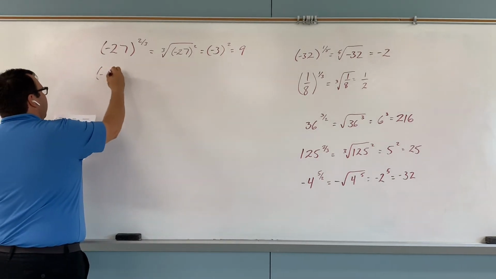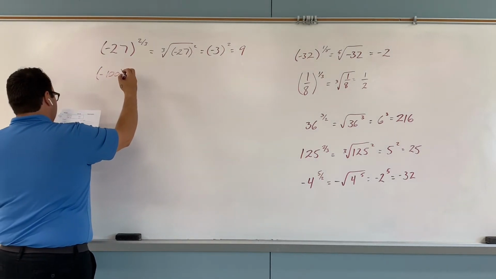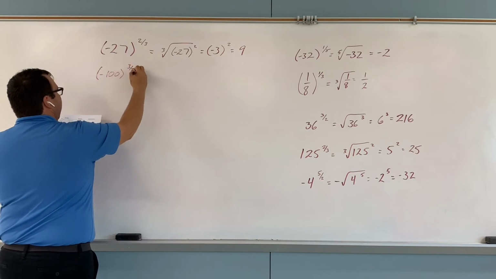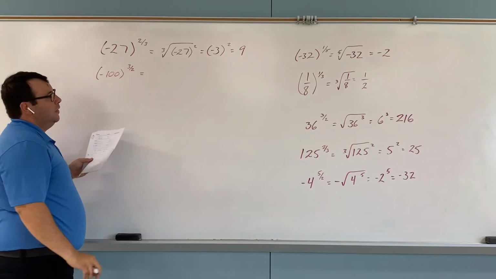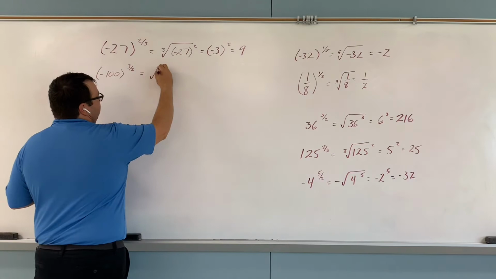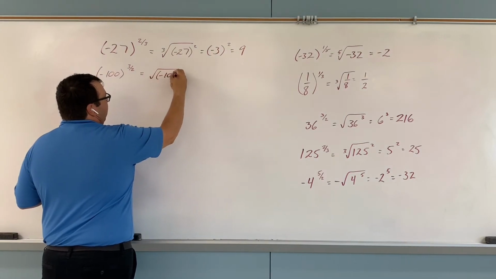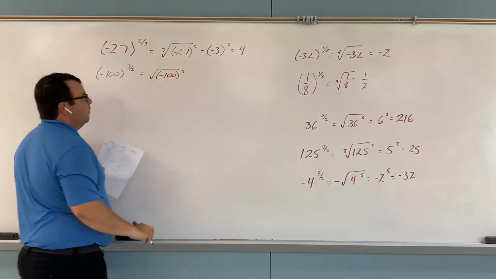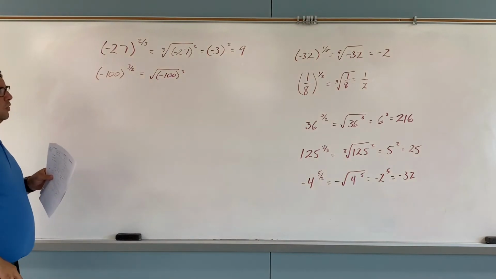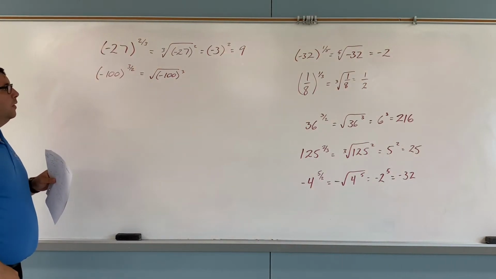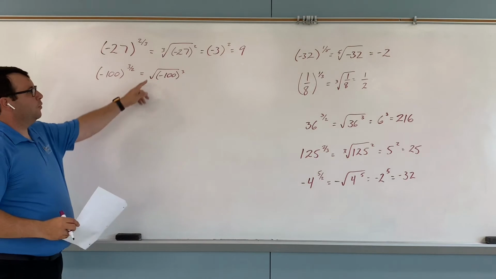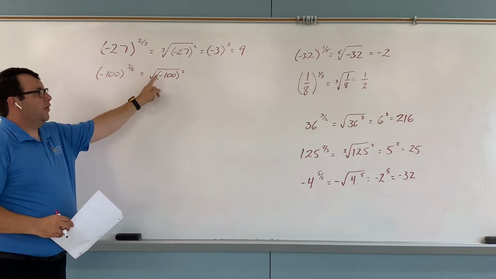Okay, let's look at another one. I got a -100 in parentheses to the 3/2 power. I have the square root of a -100 cubed. Ooh, wait a moment. I can't take an even root index of a negative radicand.